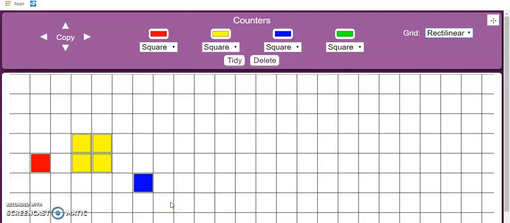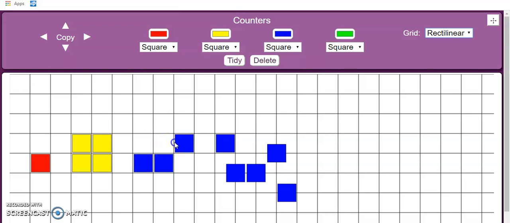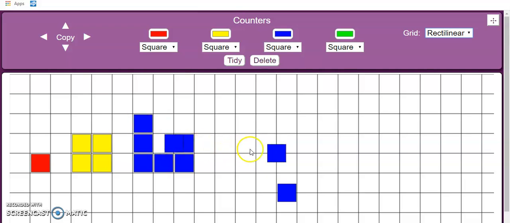Pause the video and try that yourself. So what you should have done is gone 1, 2, 3, 4, 5, 6, 7, 8, 9. Yeah, it makes a square. Cool.